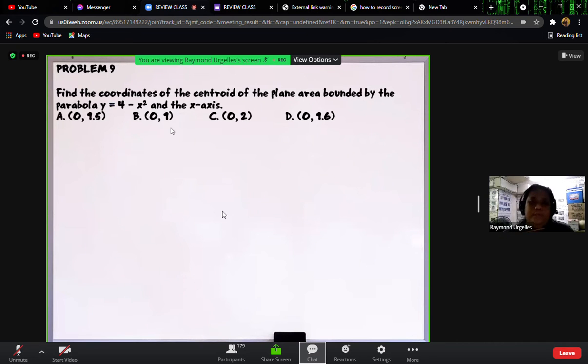Find the coordinates of the centroid of a plane area bounded by the parabola and the x-axis. So first, let's start with the parabola. Y is equal to 4 minus x squared. Standard form. So again, dapat naka-isolate yung x squared. So this will be equal to negative y minus 4.